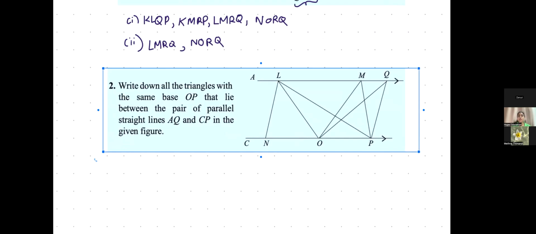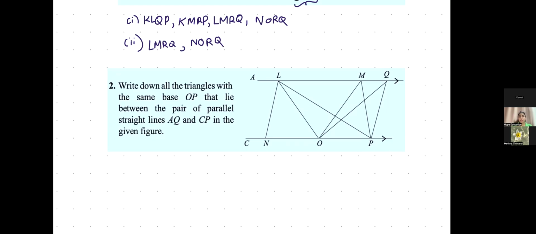Can you all try to do this on your own? Read the question carefully. Let's do it together. The next one you'll do alone.